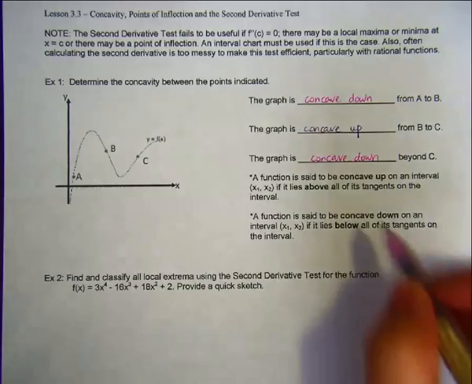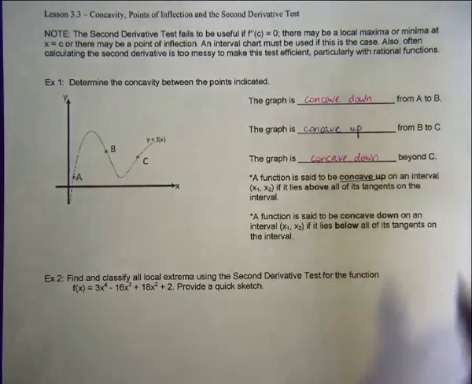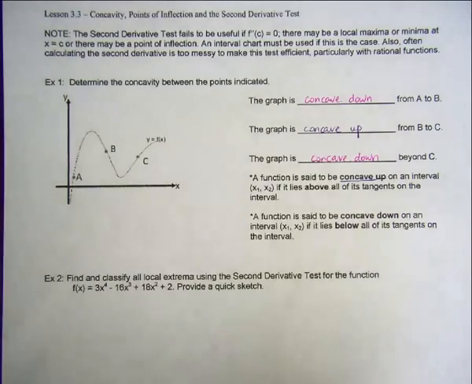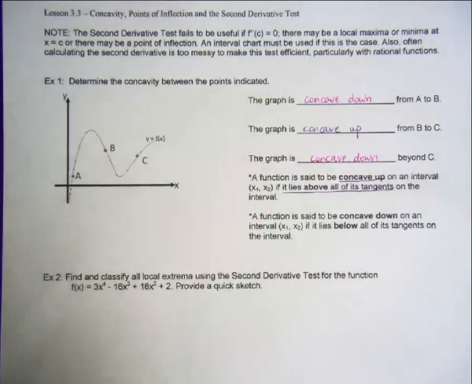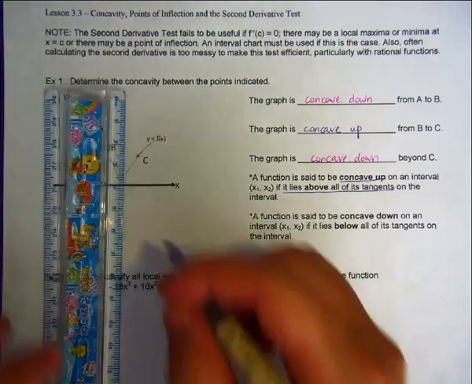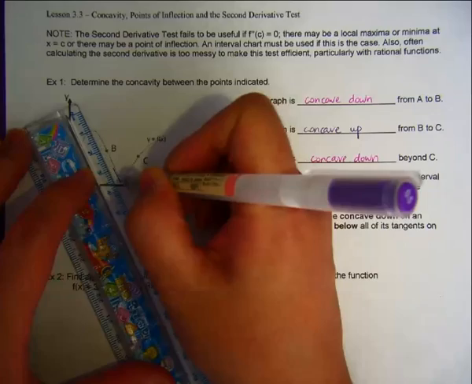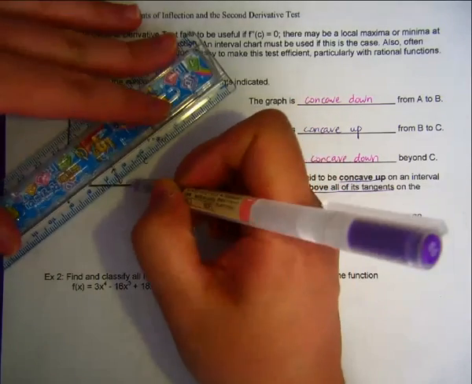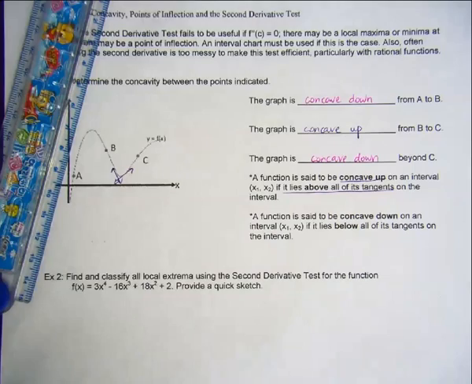So a function is said to be concave up on an interval if the function itself lies above all of its tangents. So if we were to graph some tangent lines from B to C, we can see that all of the tangents will lie below the curve, or the curve will lie above the tangent lines.